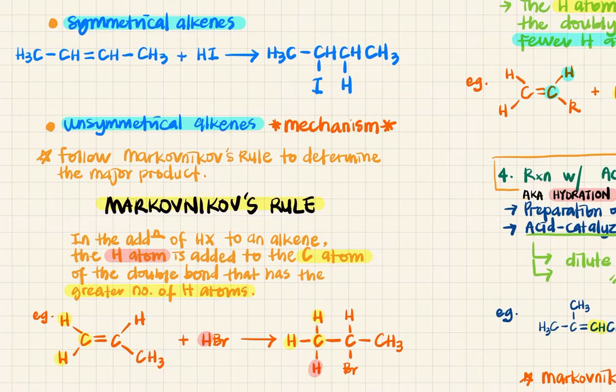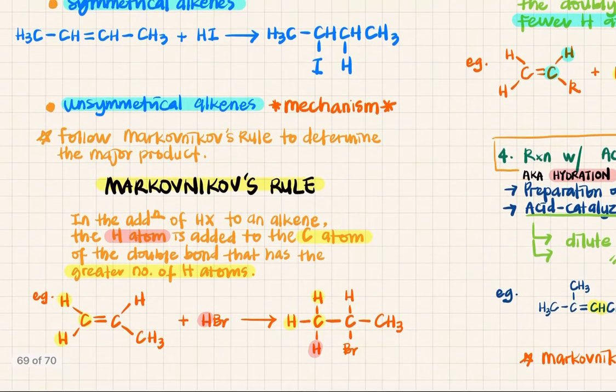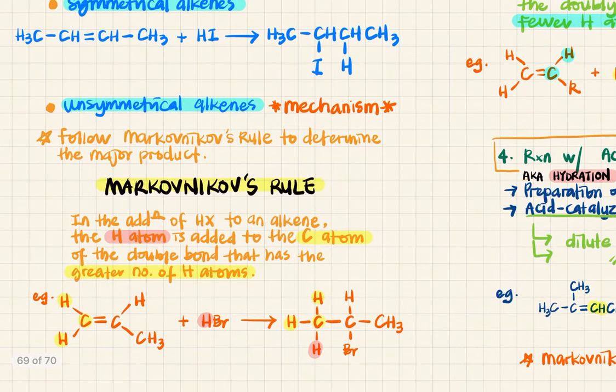That means macam tadi, kita akan ada more than one possible product lah. Okay, so Markovnikov rule will help you determine where to put your hydrogen, where to put your halogen, your X. So in the addition of HX to an alkene, the hydrogen atom is added to the carbon atom of the double bond that has greater number of hydrogen atoms.